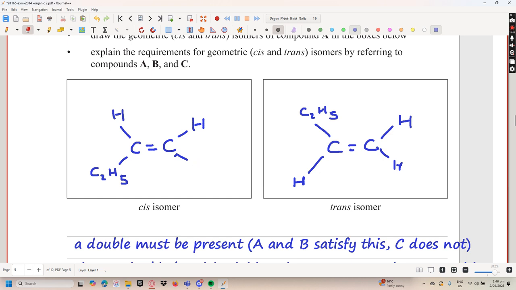Conversely, these two are not just flips of one another. If you rotated this by 180 degrees into the page, this would go down here and this would go up here, but these groups would switch as well, and that wouldn't line up with this side.